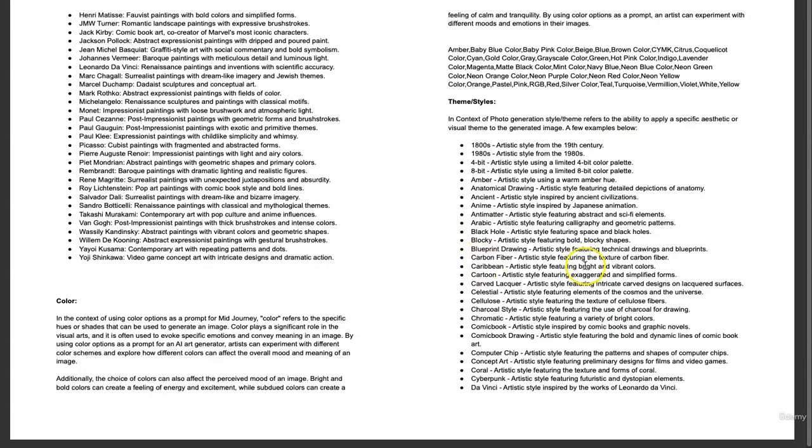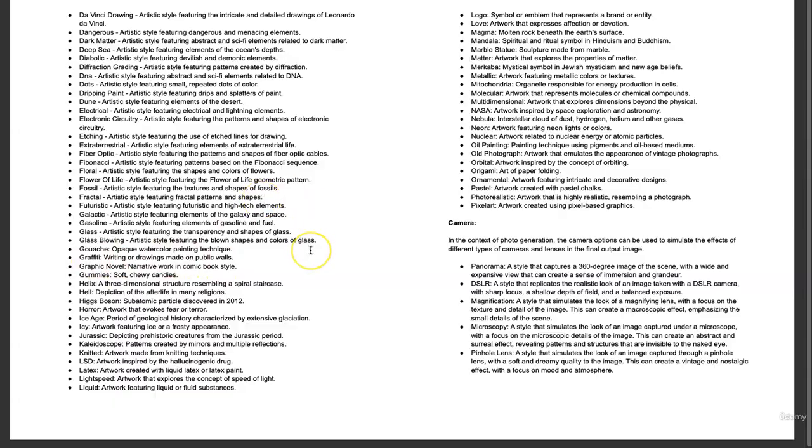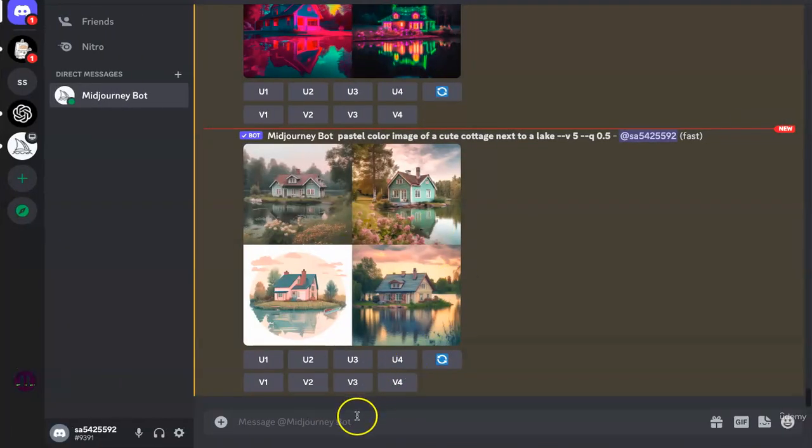I can say Caribbean, and it will try to copy the bright and vibrant colors of the Caribbean style. I can say comic book drawing, and that will completely change the image and it will look as if it's from a comic book. And there are a lot of other examples you can use, such as graffiti, writing or drawings made on public walls. So let's go and try a few.